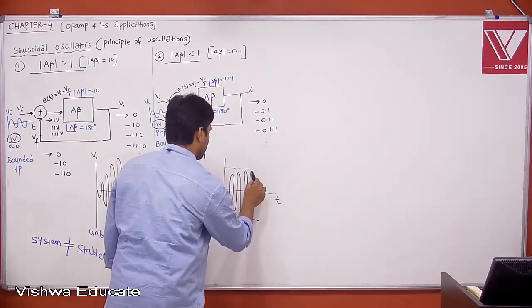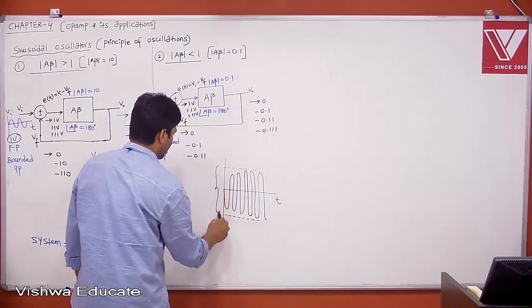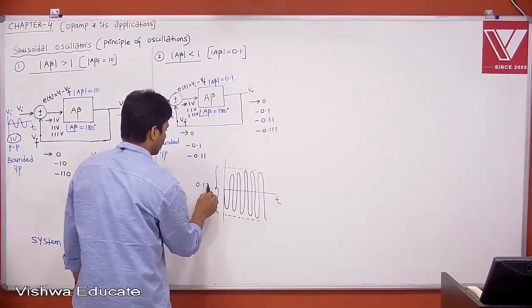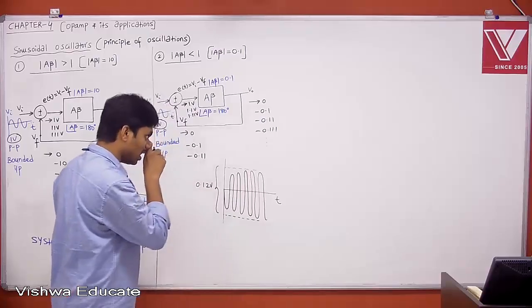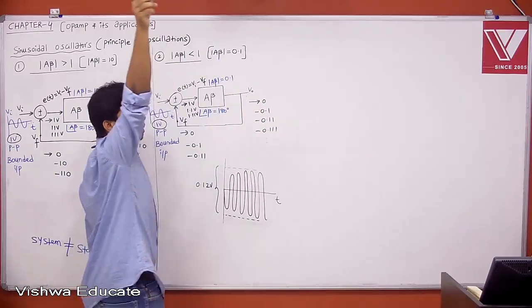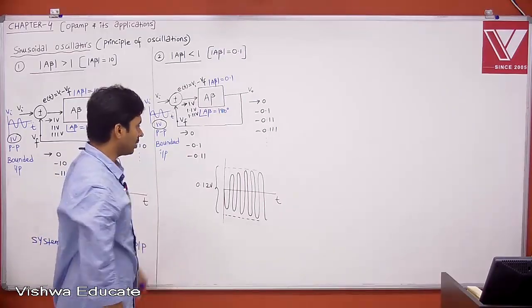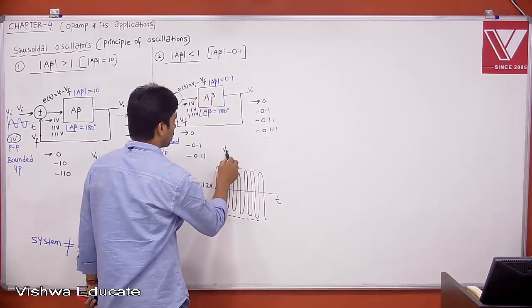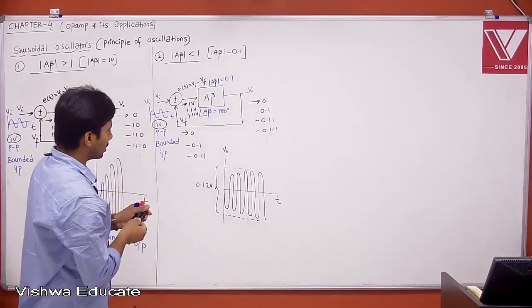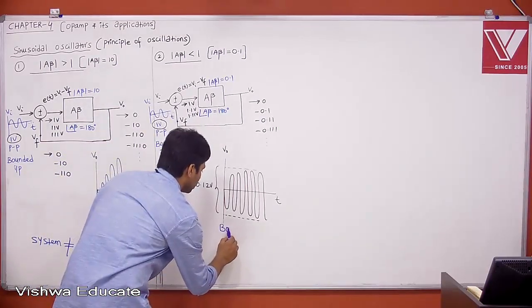Now the peak to peak will definitely be less than 0.12. 0.111, if you take it up to infinity, 0.1111111, is definitely less than 0.12 peak to peak magnitude. Therefore this is your output V0. Is it bounded? Yes, this is bounded output.